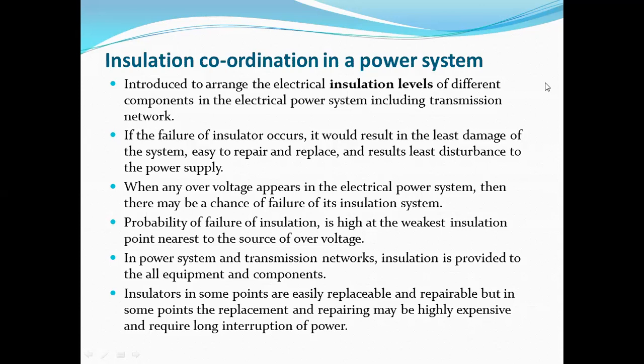Means what will happen if we consider this insulation coordination in the power system, for transmission purposes also. If the insulation fails after any strike of a lightning stroke, then there will not be that much damage to the transmission line, because there is a protective insulation.